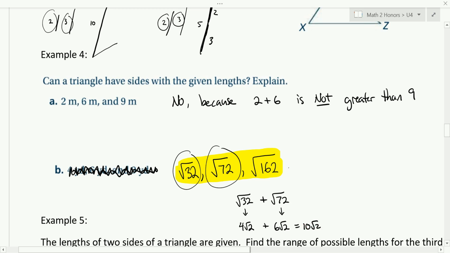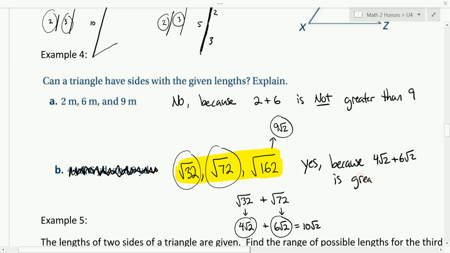Can you change that to what? 9 root 2. Okay, so now we can compare 4 root 2, 6 root 2, and 9 root 2 easier, right? So if we change the way they look. So will this make a triangle? Yes. Because 4 root 2 plus 6 root 2 is greater than 9 root 2. Okay.